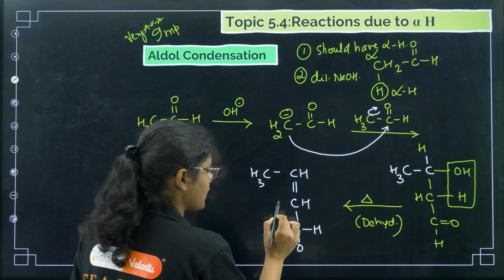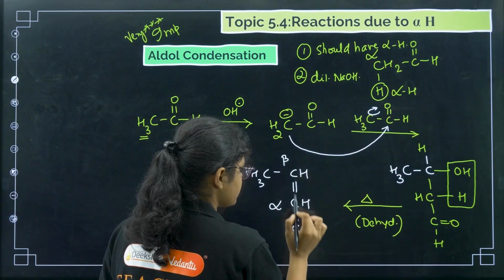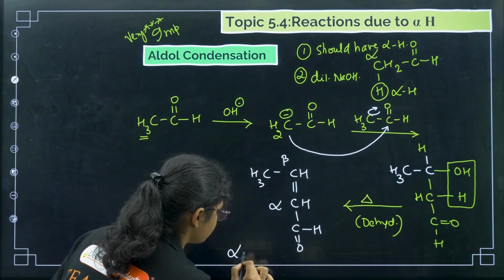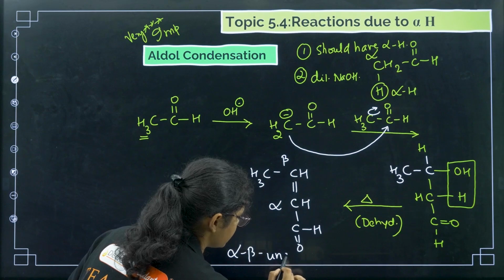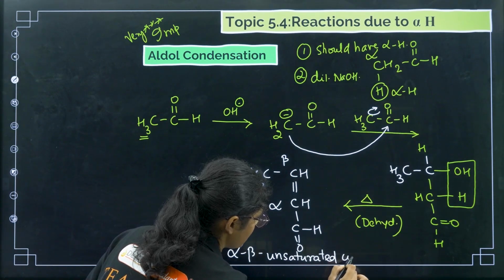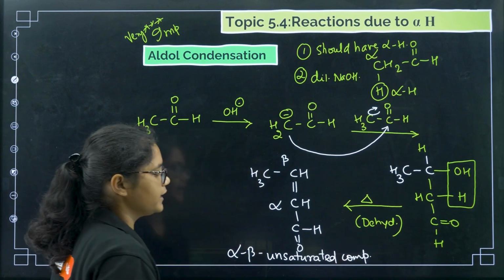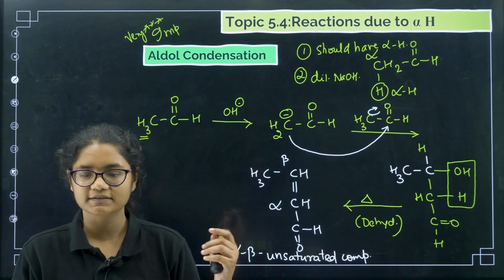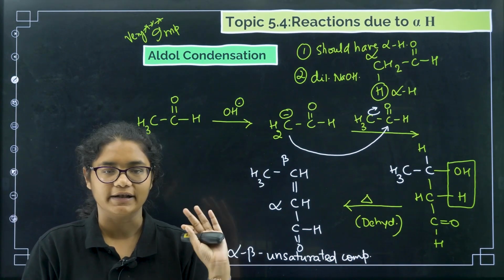This carbon is alpha, this carbon is beta, so this compound is called an alpha beta unsaturated compound. This is the complete mechanism of aldol condensation.